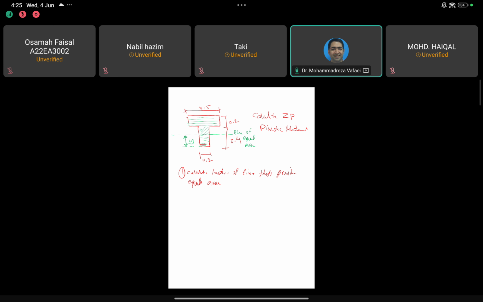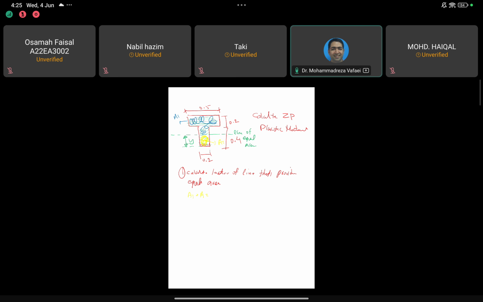Since the area on top should equal the area on bottom, this area should equal the area of the bottom. Let's call this one A1, and let's say this one is A2. So A1 should equal A2.